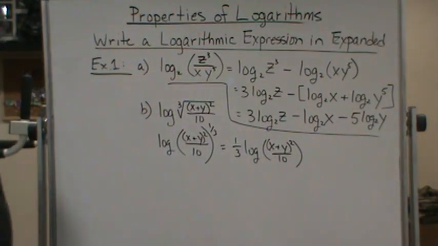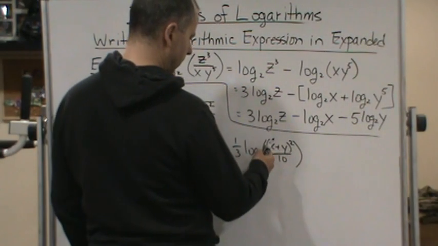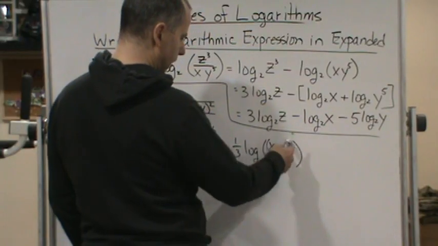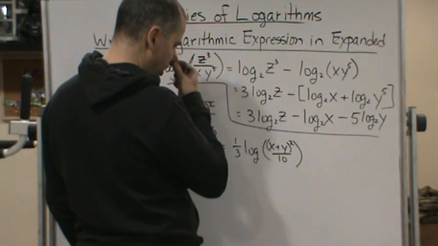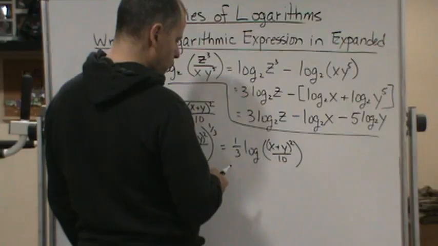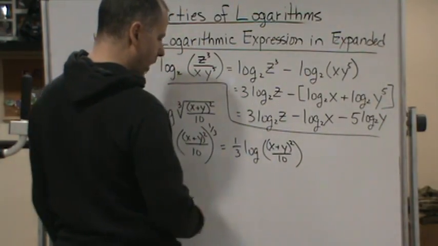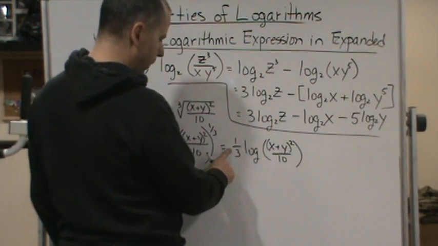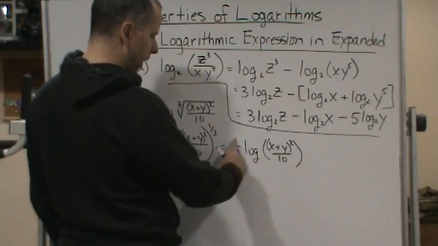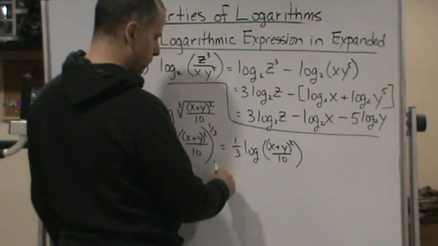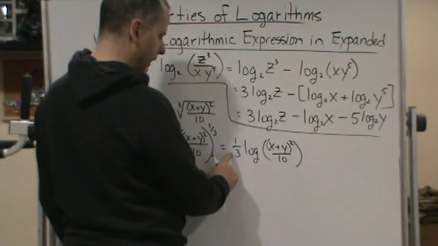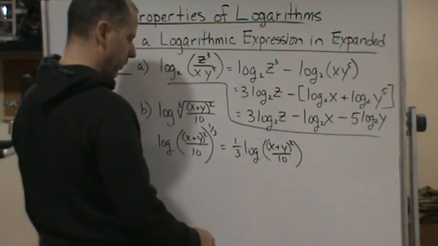Okay? Now, what I'm going to do is expand this out into a sum and difference of logs. So when I do that, I have to remember I'm multiplying 1/3 by the whole thing, right? So I'm going to have to use parentheses to make sure I don't forget that I'm going to end up distributing the 1/3.